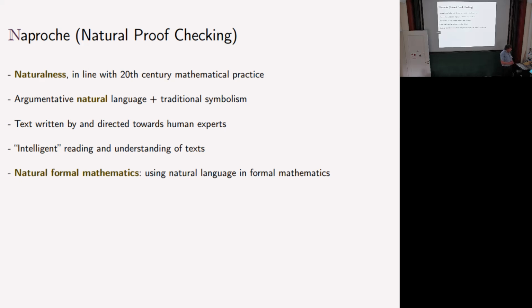So these texts are written by, and they are directed towards humans, and there is intelligence involved, intelligence in reading, because it requires natural language processing, and intelligence in understanding all these little details that are usually left out, understanding the mathematical content, and even more criteria, of course, like, oh, now I really understand the ideas, is also there, something which probably is very hard to emulate on computers.